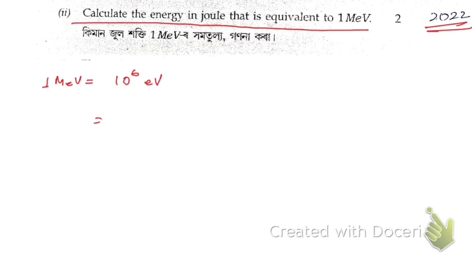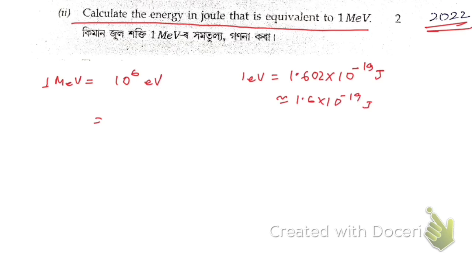And now convert it into joule. We know that 1 electron volt is equal to 1.6 into 10 to the power minus 19 joule, right? Or you can use 1.602 as well, 1.602 into 10 to the power minus 19, almost equal to 1.6 into 10 to the power minus 19, right?